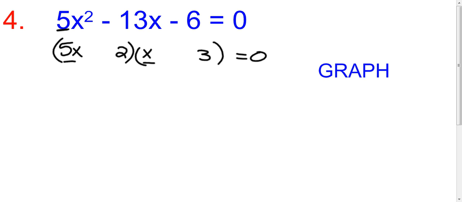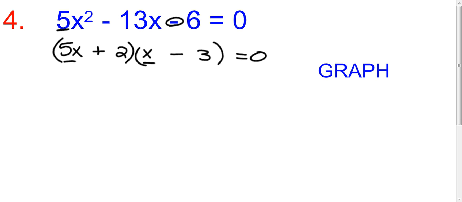All right. If it's a minus at the end, you need to have one of each sign. So I know I need to have a positive and a negative. Now if I check my outsides, I'm at negative 15x, and if I check my insides, I'm at positive 2x. And negative 15 plus 2 does give me that negative 13 that I need in the middle.